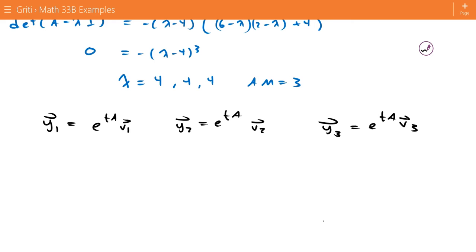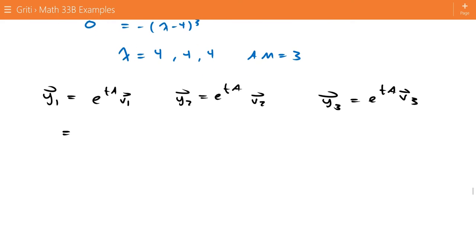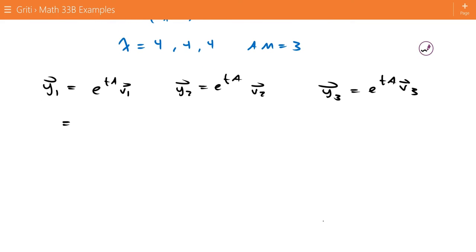So if we write these out in a different form, this is going to be e to the lambda t times e to the (A minus lambda I) t times v1. It's going to be e to the lambda t times e to the (A minus lambda I) t v2.